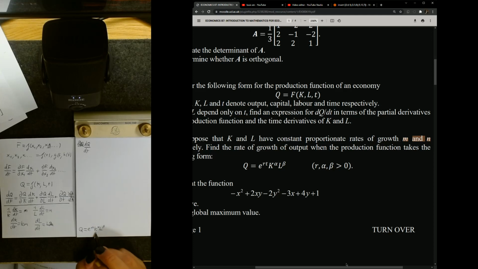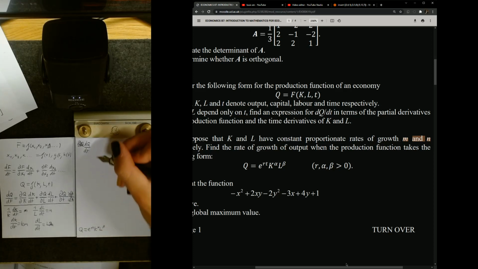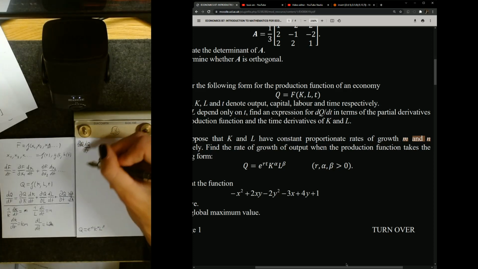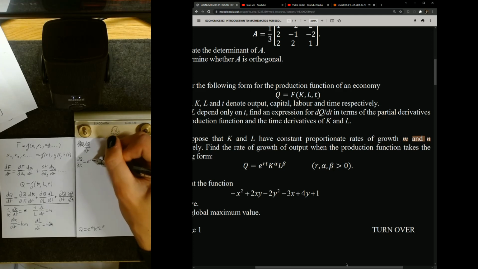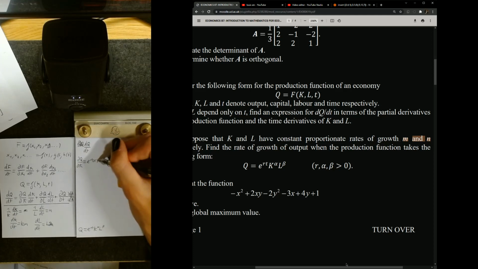If we're doing a partial derivative with respect to K, then we're only going to derive relative to K, which means its power is going to go down in front and minus 1 by the power rule. So the partial derivative of Q relative to K is essentially going to be equal to e^(rt) alpha K^(alpha minus 1) L^beta.